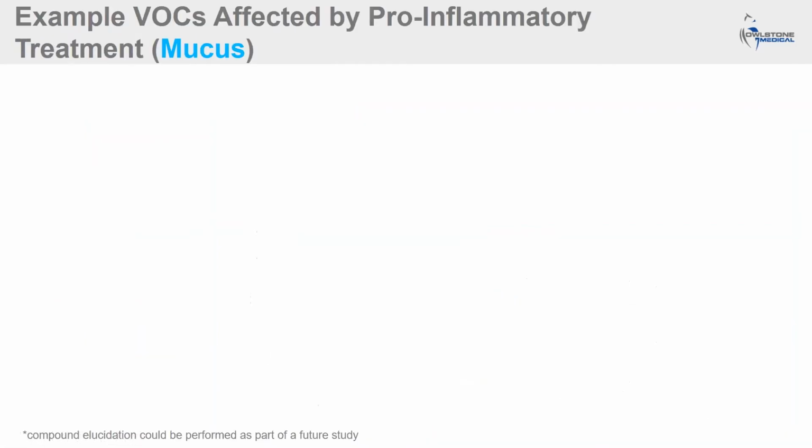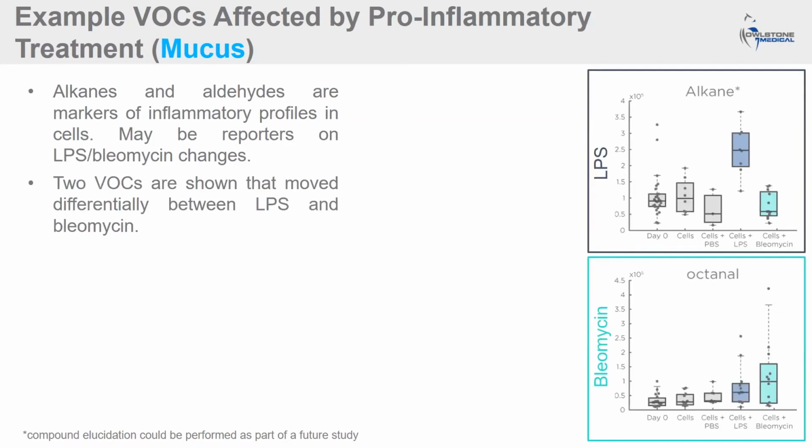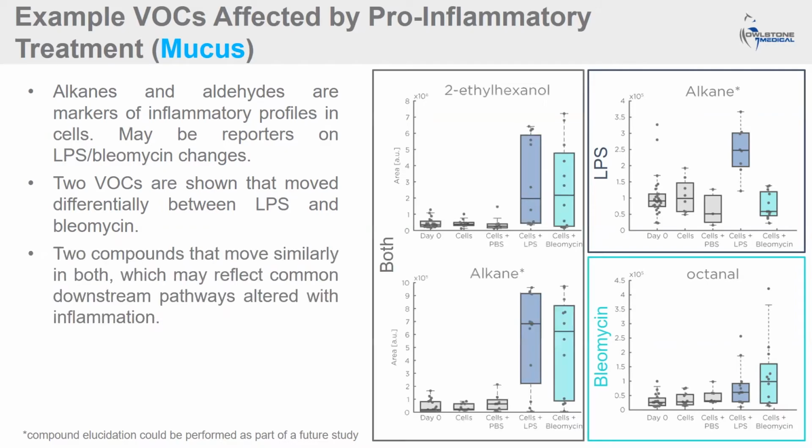So to look at specific compounds that are responsible for those differences, we see some compounds that are specific for LPS and bleomycin. So we see here an alkane for LPS and octanol for bleomycin, but we have also some compounds that basically are elevated in cells after treating with bleomycin or LPS.